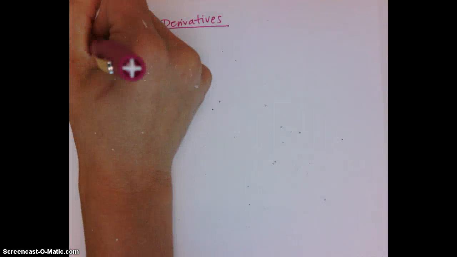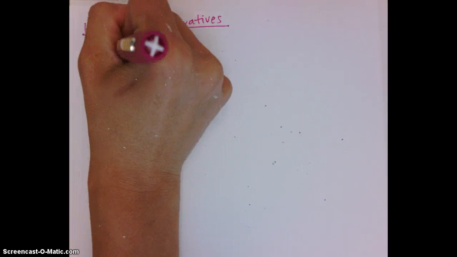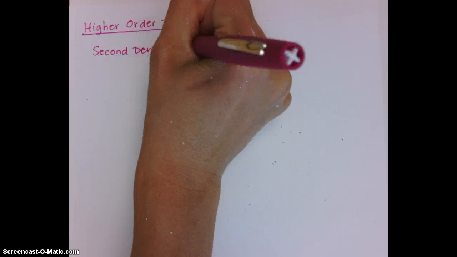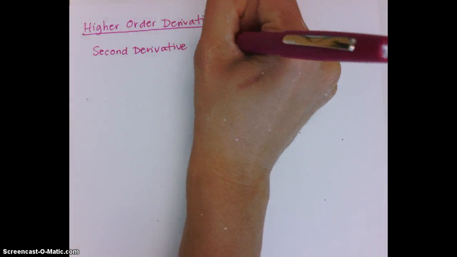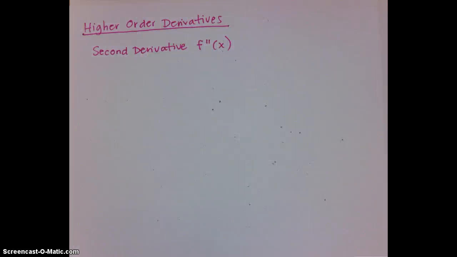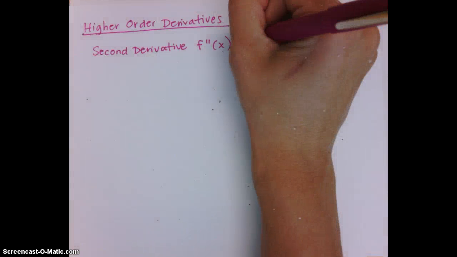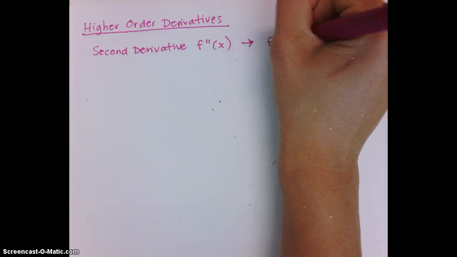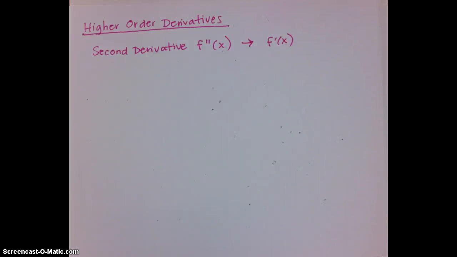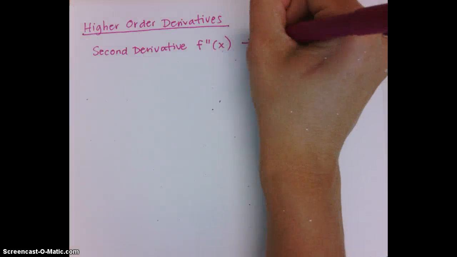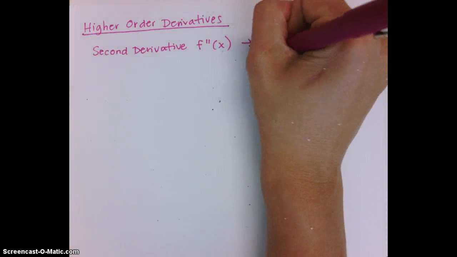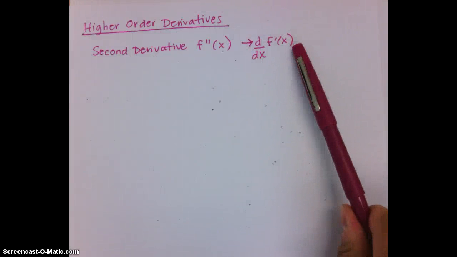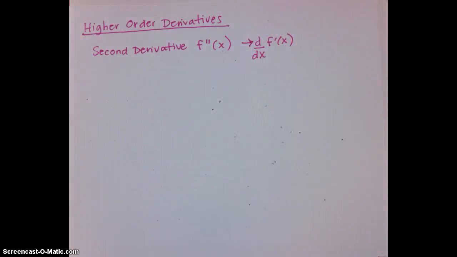Okay, so a second derivative would be denoted by f double prime of x, f double prime. And you find that by taking the derivative of your original function f, and then taking the derivative of that again. So we're doing the derivative of the derivative, giving us the second derivative.